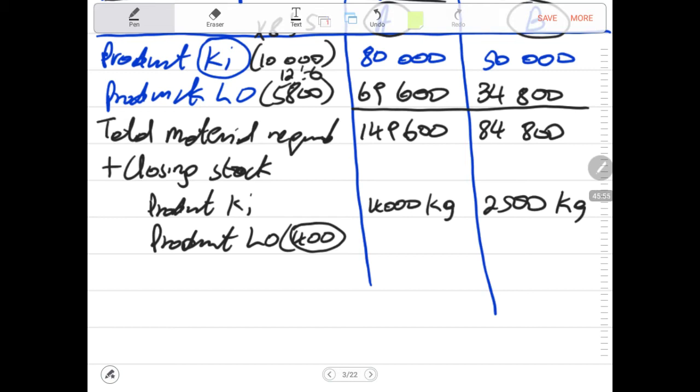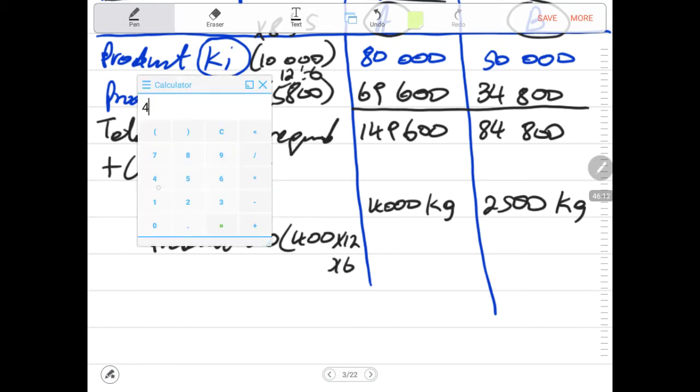We are looking for the raw material that is enough to produce the completed units of 400. So now again we go to the issue of the mix of the two materials that are mixed at 12 and mixed at 6. So now we say 400 by 12, it gives us 4,800.